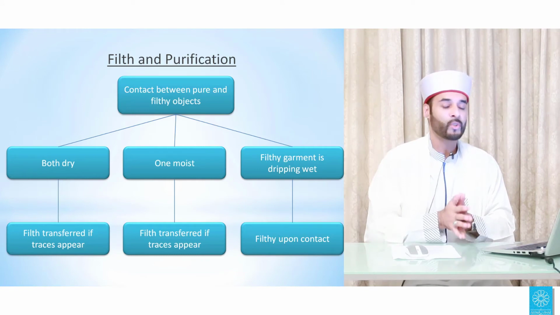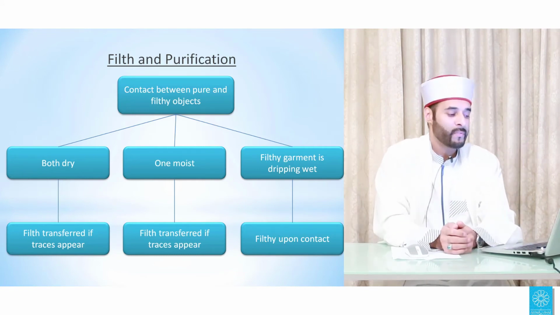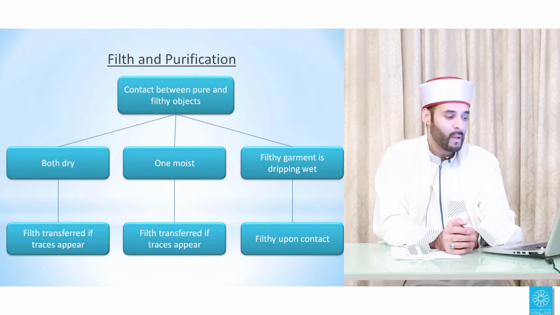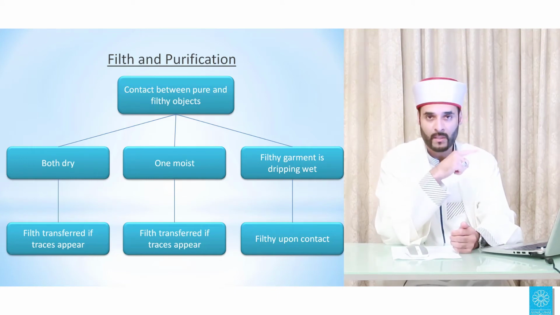Filth transfers if traces appear. If one is moist and one is dry, filth transfers again if traces appear. And if the filthy garment is dripping wet, then obviously there's no way of avoiding the filth transferring from the filthy garment to the non-filthy garment.